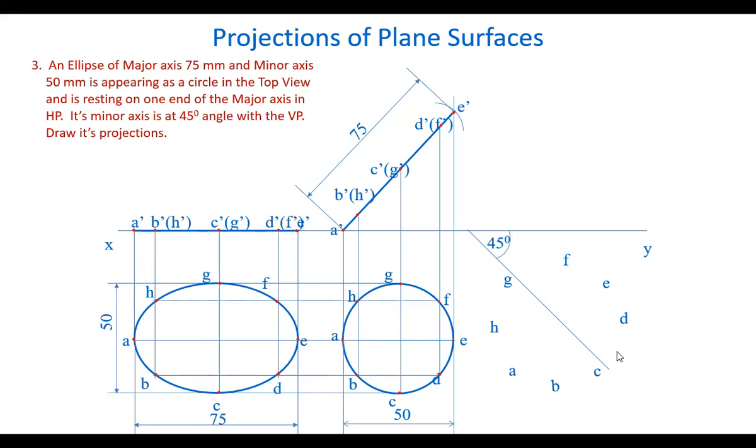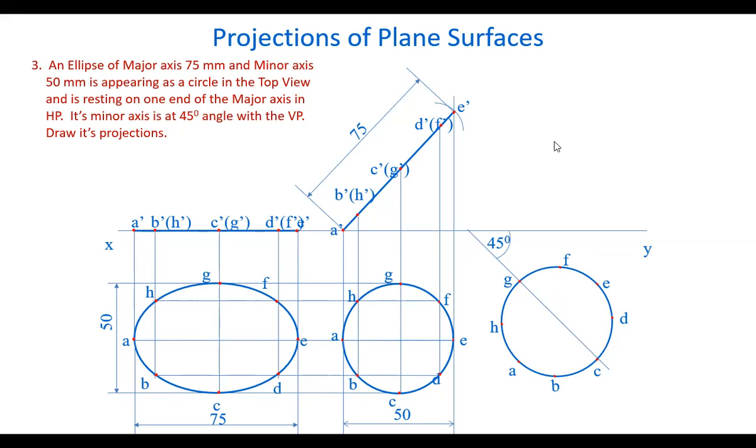After getting these points, join all of them by a smooth freehand curve like this. So the circle here is reproduced in a different position, such that this GC edge, which is perpendicular to the reference line, is taken at 45 degrees.